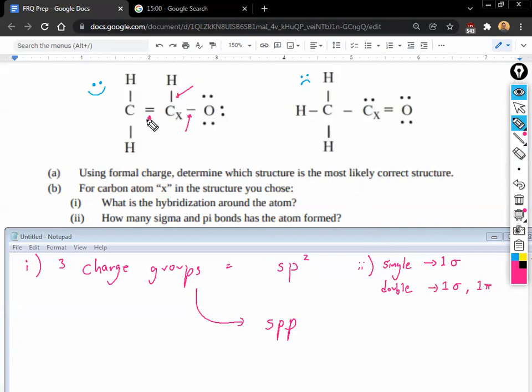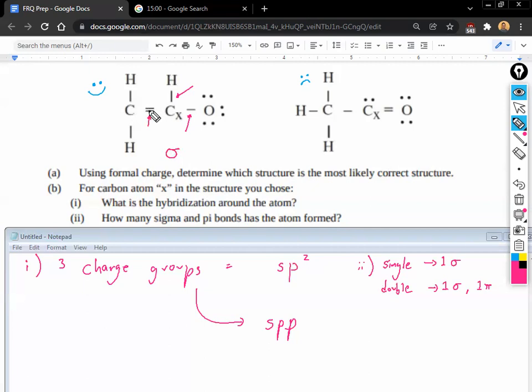So if we look at this structure right here, it has 1 double bond and 2 single bonds. How many total sigma bonds is that? 3, because each single bond contributes one sigma bond, so 1, 2.